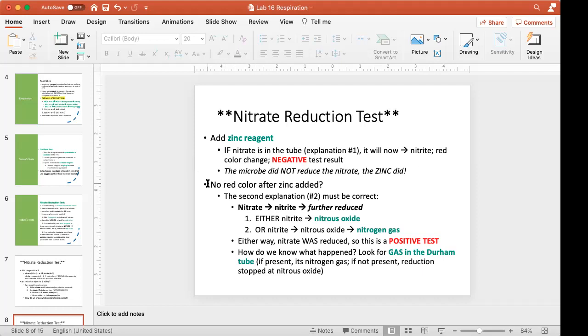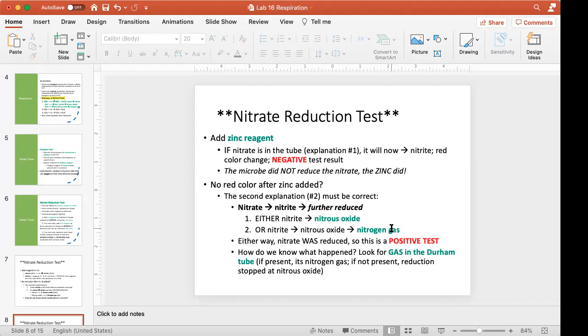Now, what if there's no red color after the zinc has been added? That means the second explanation is correct. The second explanation is that the microbe took the nitrate, reduced it to nitrite, and then further reduced it, either to nitrous oxide or to nitrogen gas.